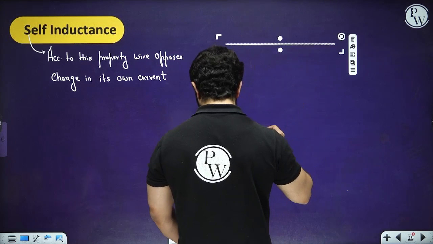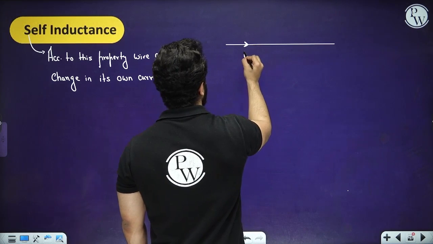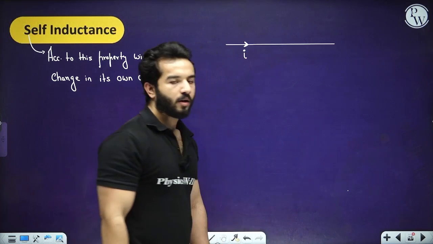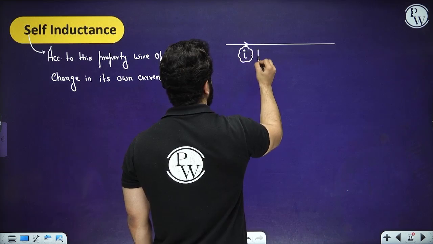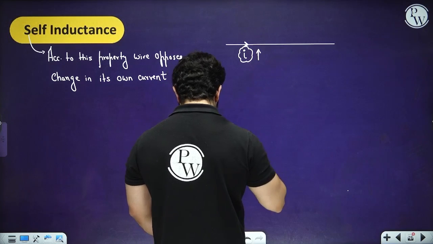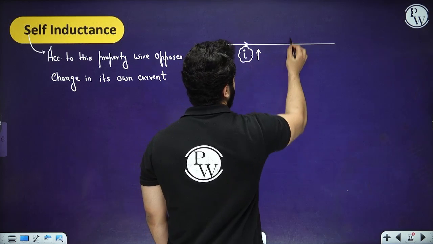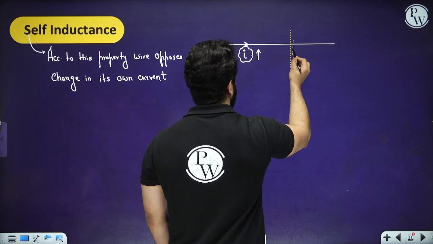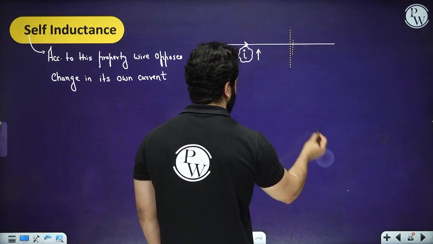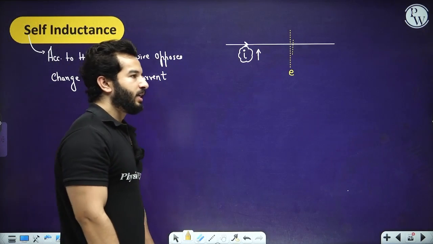So this means that, let's suppose you have got a wire something like this, and in this wire current I is flowing and this I is changing. Let's suppose it is increasing. So a fictitious battery is going to be produced over here, which will try to reduce this increase in current. And this fictitious battery's EMF will be again governed by the same laws, right?